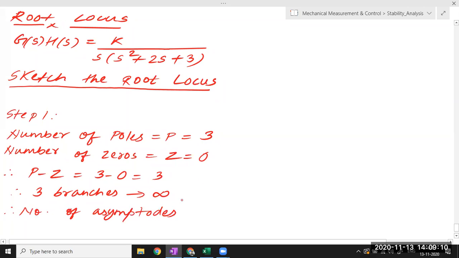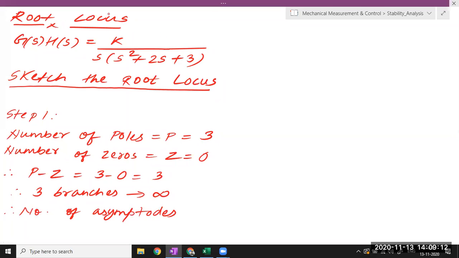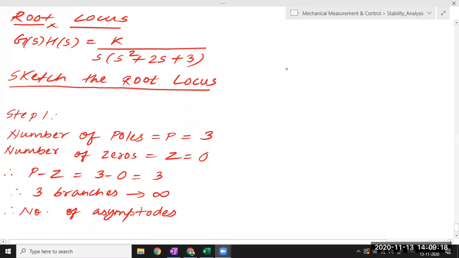Is everyone okay with what I'm saying? Yes, sir. Arfat, Sarang, Anas, are you okay? Yes, sir. Okay. The next thing is, now we know that we need to find the angle of asymptotes, right?